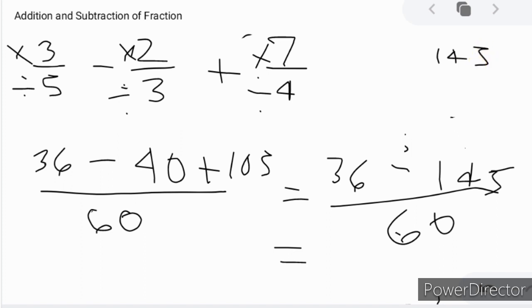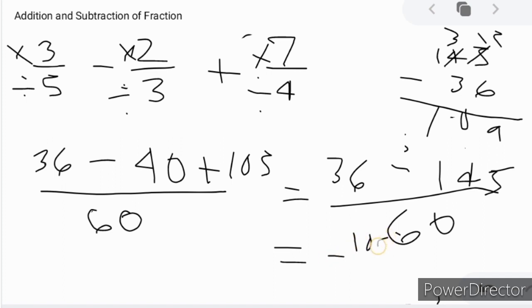Okay, 145 minus 36 is equal to 109. So, our answer is negative 109 over 60. And that is our final answer.